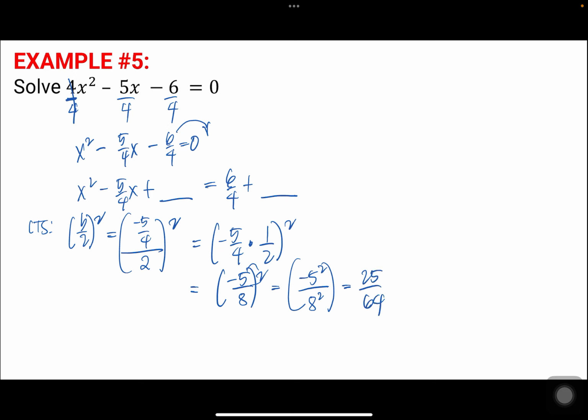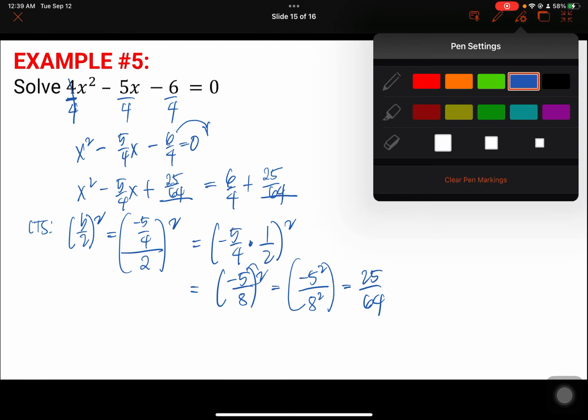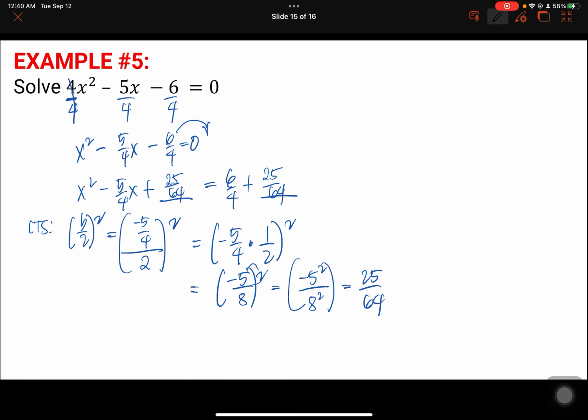So, mag-a-add po tayo ng 25 over 64 both side. So, 25 over 64, then 25 over 64. So, adding fractions, kung matatandaan nyo po, add natin to. Using LCD, recall tayo ulit na, A over B plus C over D equal kay, unahin mo muna yung LCD na BD.